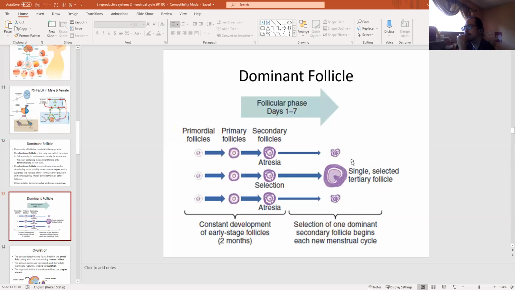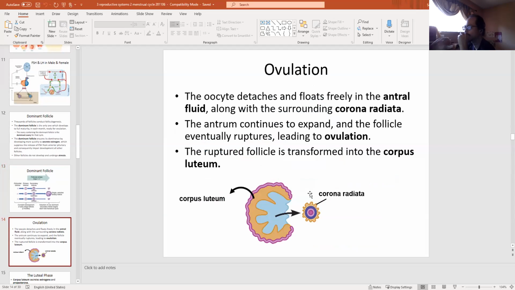The largest one will grow to a point where it delivers the oocyte, dropping it into the fallopian tube, and that's a process called ovulation. When it drops, the corona radiata, a group of granulosa cells, goes with it, falling into the fallopian tube, and the remaining part stays in the ovary.